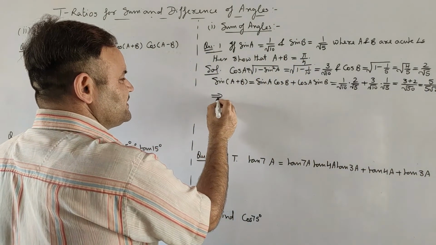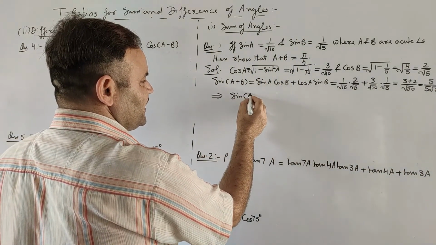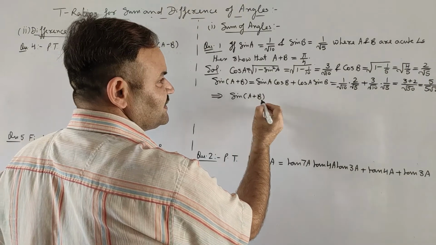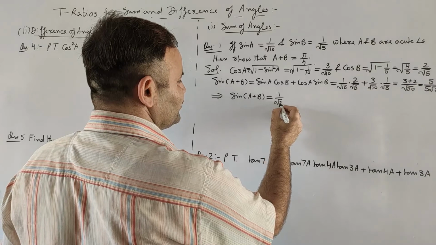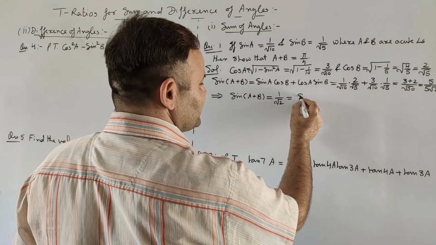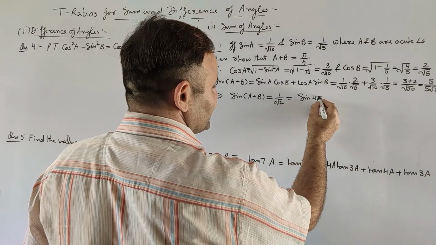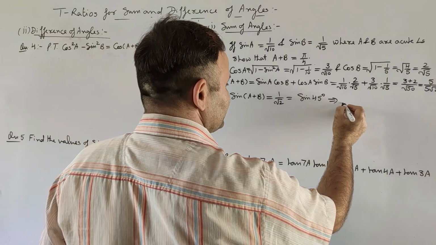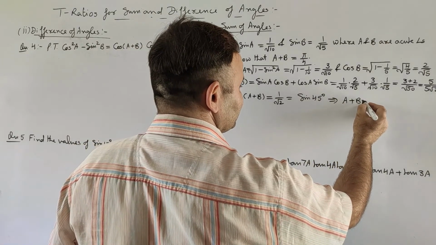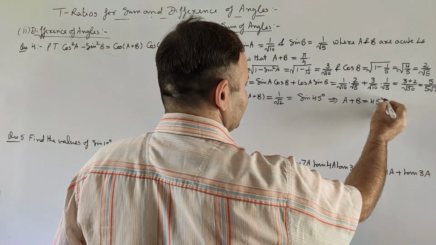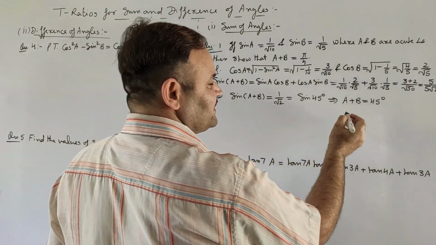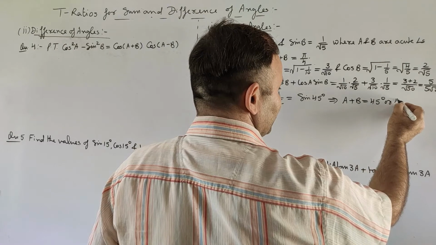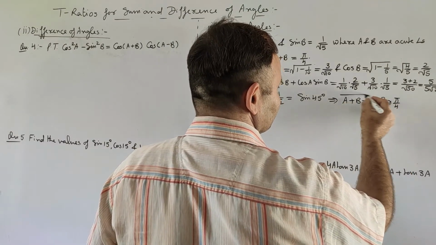And this implies sin A plus B, 5 will get cancelled with 5, is equal to 1 by root 2. And 1 by root 2 is the value of sin 45 degree, which implies A plus B is 45 degree, because sin A plus B is sin 45, so A plus B will be 45 degree or pi by 4 radian.